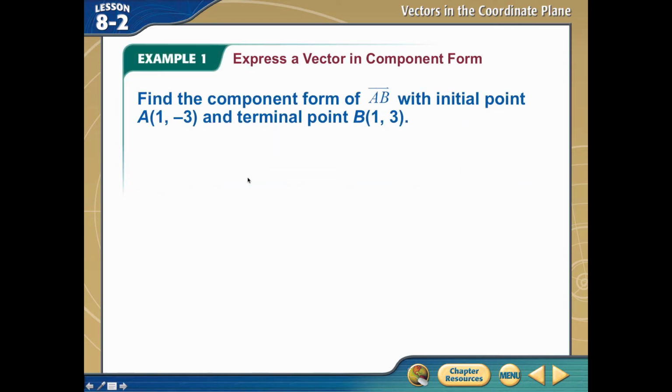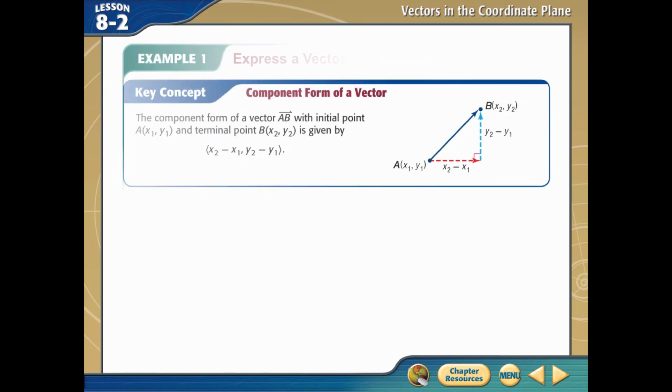So let's look at it here. Component form of vector AB, you have an initial point and a terminal point. And remember, with vectors, let's go back. Vectors have direction. So it always has to be x2 minus x1, y2 minus y1, where x2 and y2 are the terminal point, x1 and y1 are the initial point.